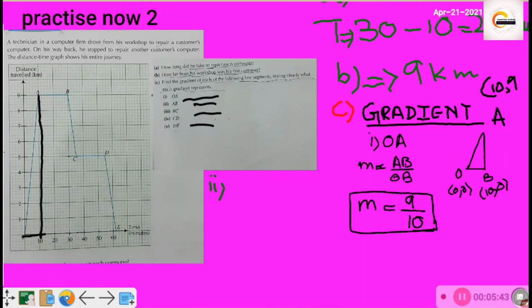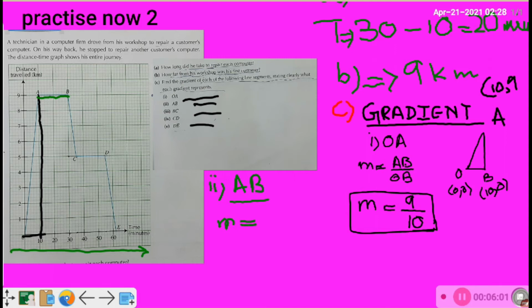So our first gradient is 9 upon 10. Now for line AB, I have explained earlier that if a line is parallel to the x-axis, its gradient is going to be 0. I have explained this in the case of the horizontal line and the vertical line in the last lecture.